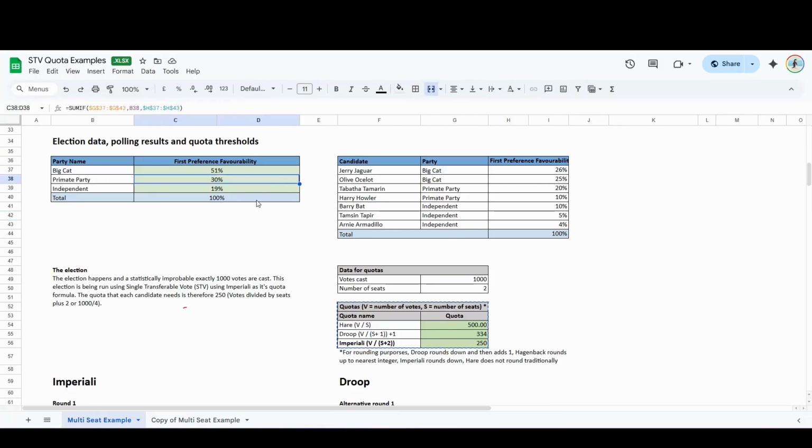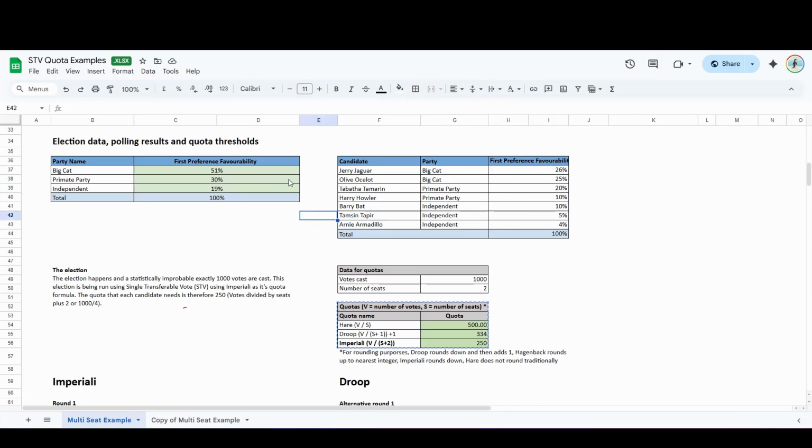Primate Party, 30% of voters prefer them, and then 19% of voters prefer the independents in this case. And then we have that broken down by the actual candidates over here. So we've got Jerry and Olive, who are Big Cat, Tabitha and Harry, who are in Primate Party, and then we've got Barry, Tamsin, and Arnie, who are independents, and this is their first preference favourability.